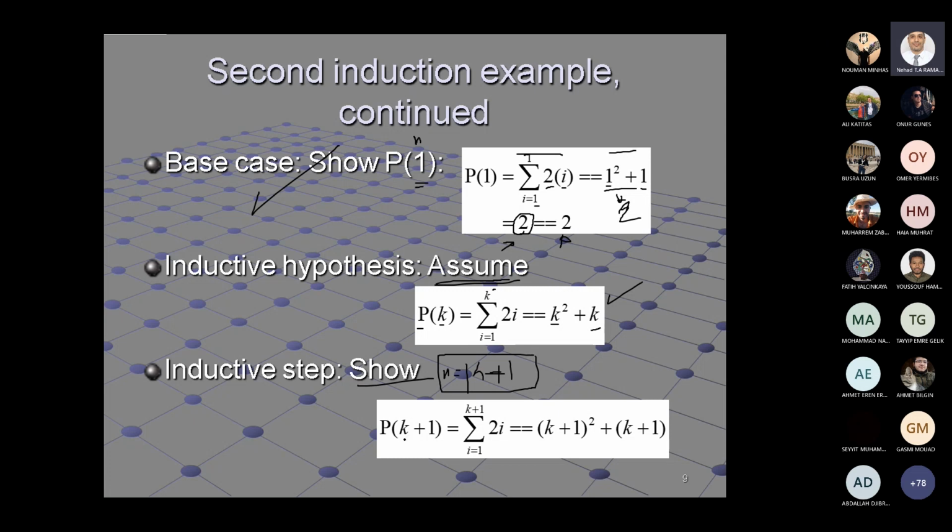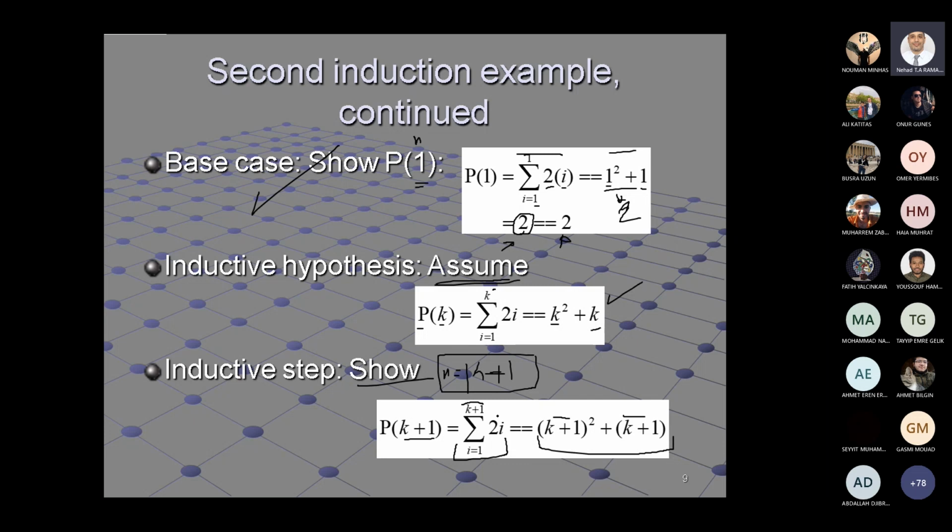Instead of n, we put k plus 1. Now, forget the right-hand side, we will return to it. Let's start with the left-hand side. Always take the term k plus 1 outside to get term k plus 1 plus term k.